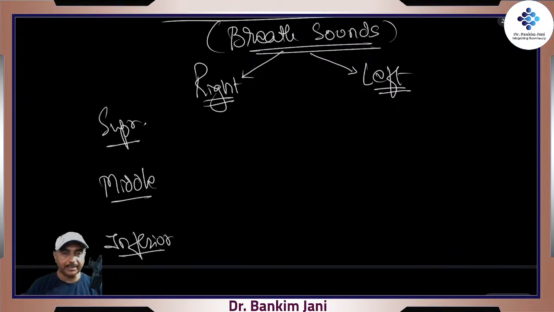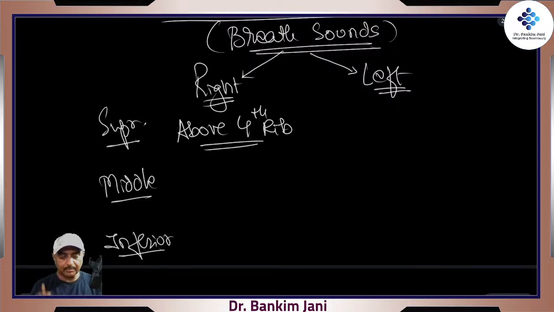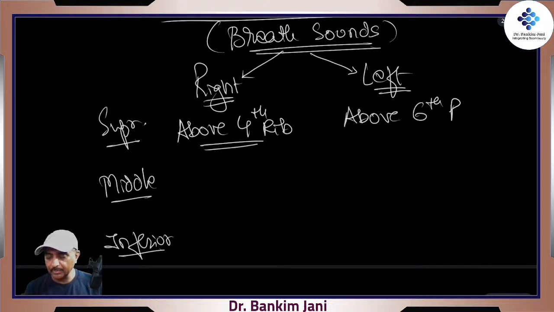For the superior lobe, when you are auscultating above the fourth rib, any change in the breath sounds on the right side means the superior lobe is involved. In case of left, above the sixth rib.